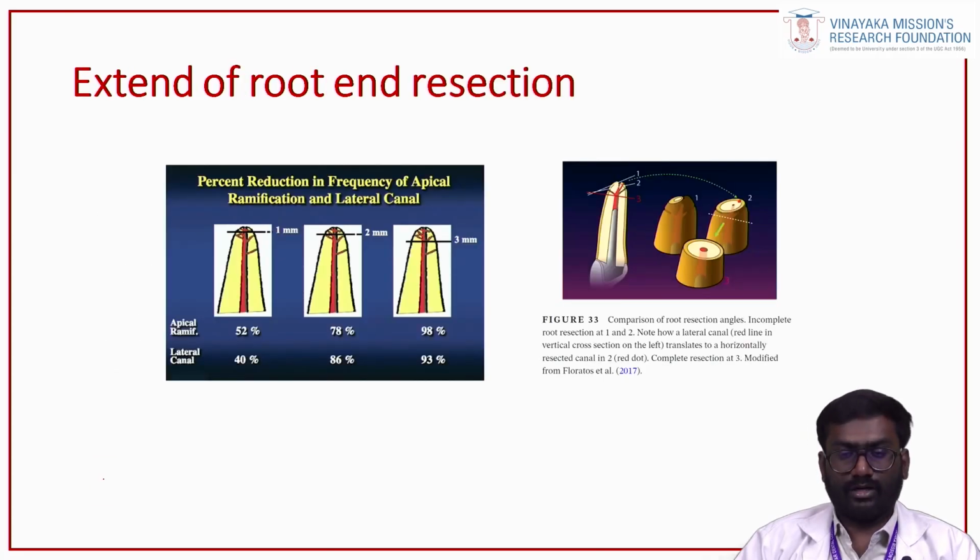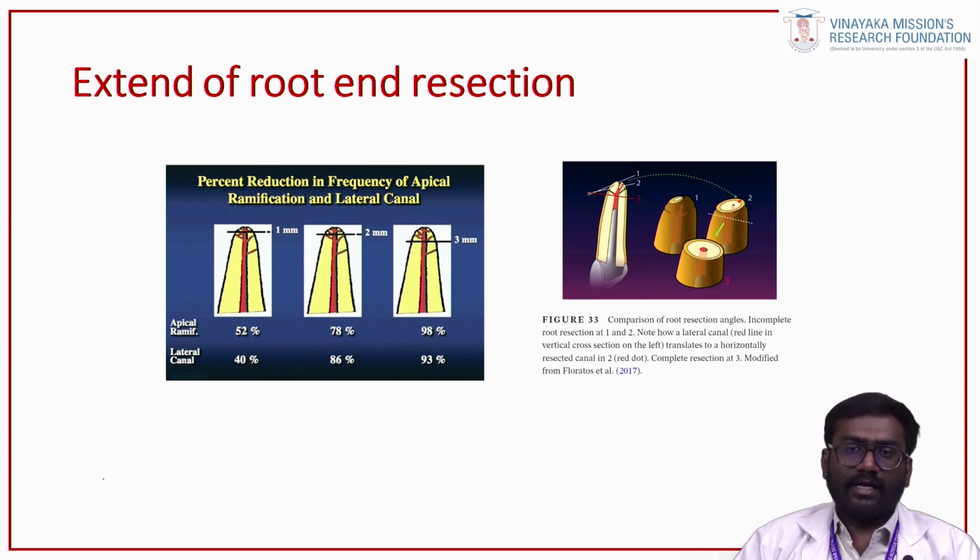The extent of root end resection, how many millimeters of the periapical root have to be resected, can be 1 millimeter, 2 millimeters or 3 millimeters. It depends greatly on the presence of apical ramifications and lateral canals. From your preoperative radiographs, you will have an idea whether that particular root has lateral canals or apical ramifications.